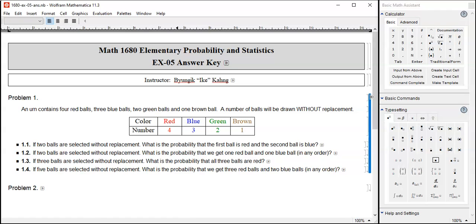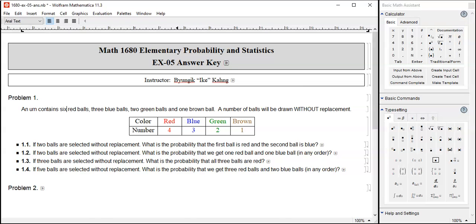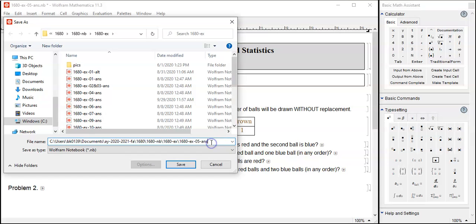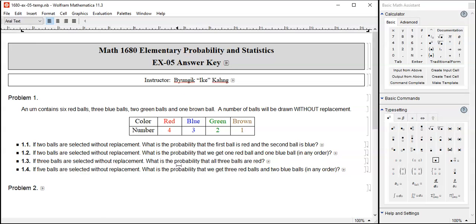So let me change the problem accordingly. Contains 6 red balls. I'm changing it, so I'd better change the name of this file as well. Okay, and then change to 6 red balls, 5 blue balls, and 2 green balls.